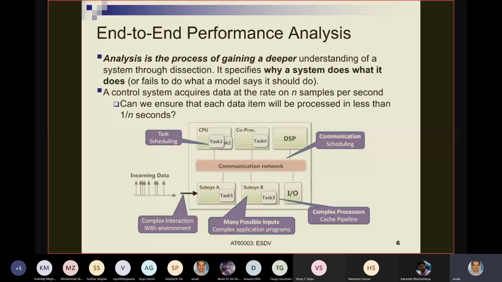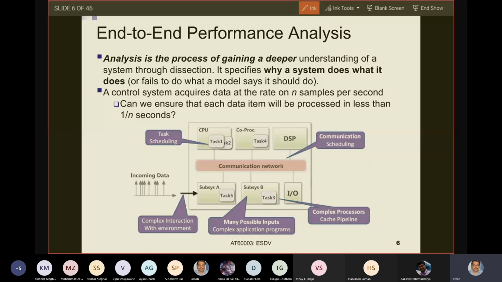Now, given the design, we do analysis. For example, let us say that we did this design, and this design is for the adaptive cruise control system, and I'm saying that every 150 milliseconds you need to generate one output, and therefore you require how many samples per second? 1 by 150 milliseconds, so 1000 by 150, right?